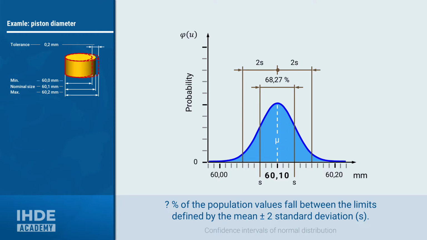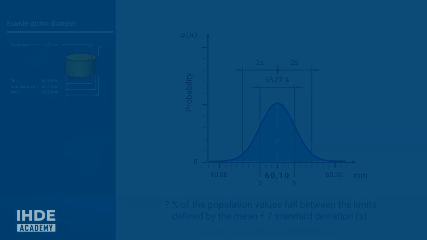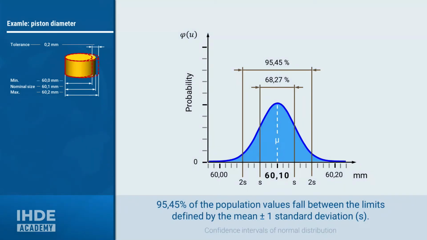A calculation shows that the following proportion of all values are in this range. 95.45% of all values are in the range from -2 sigma to +2 sigma.